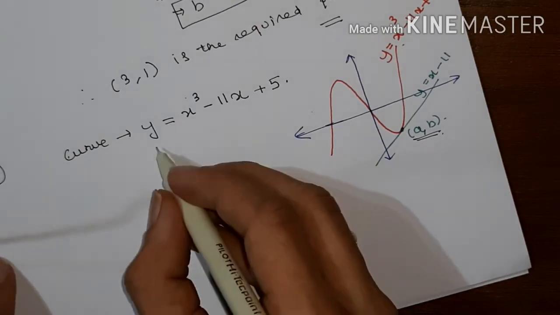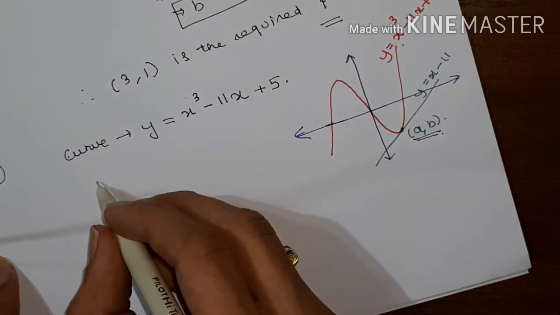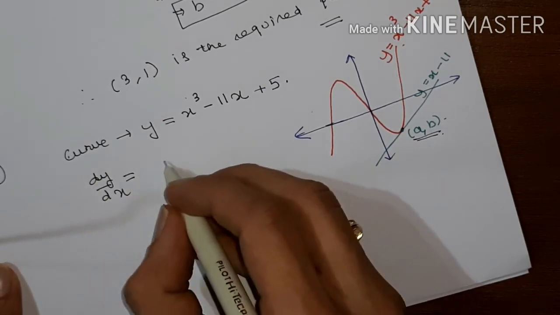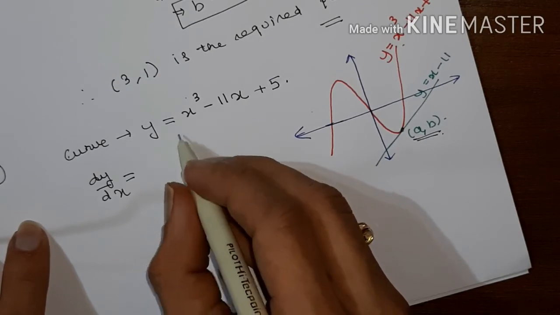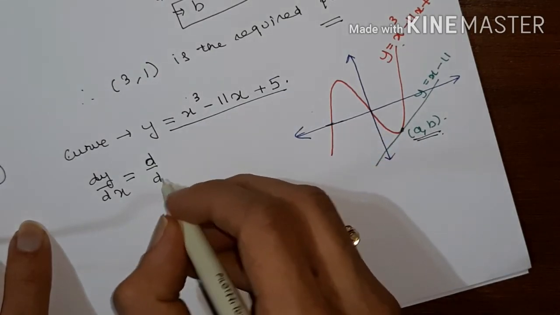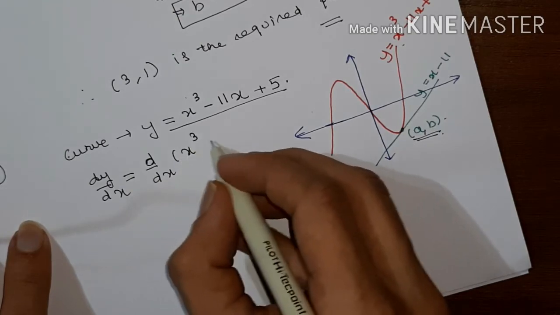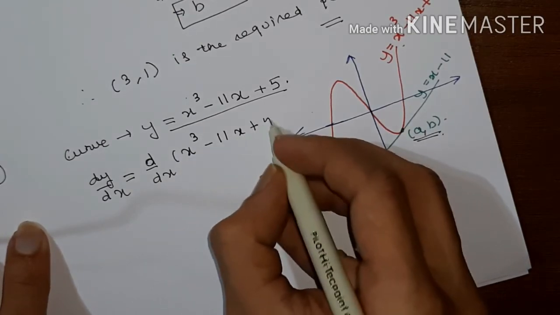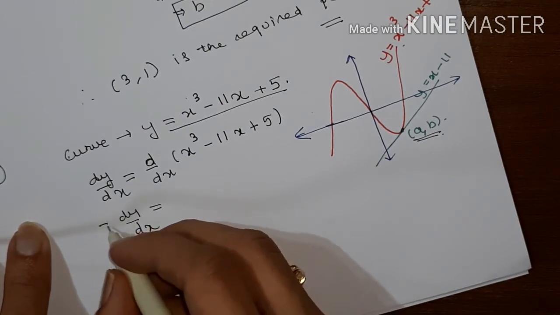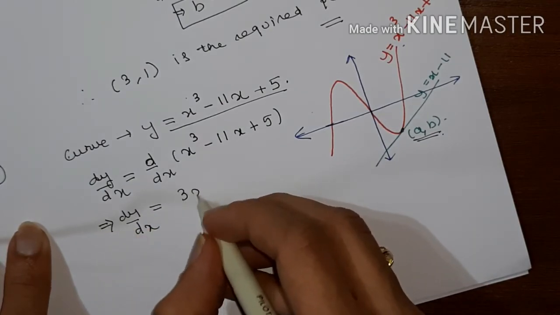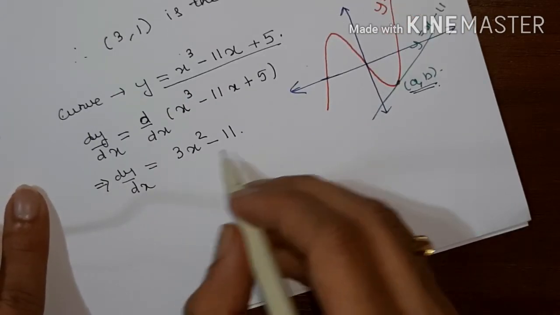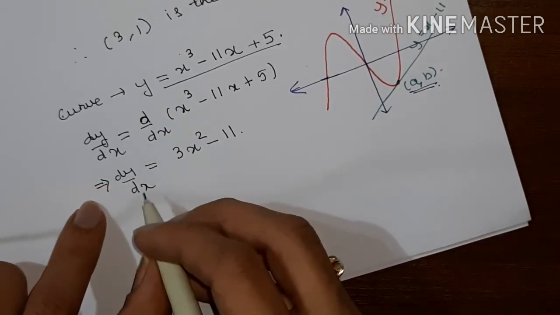Now you know when you find a tangent, you first find dy by dx. So dy by dx for this curve is d by dx of x cube minus 11x plus 5. So dy by dx is equal to 3x square minus 11. This is what you'll get as dy by dx.